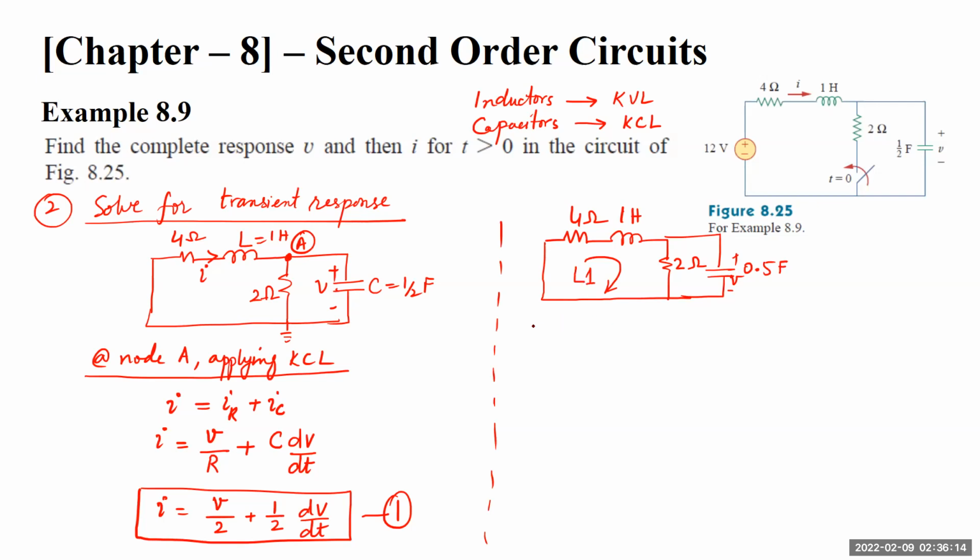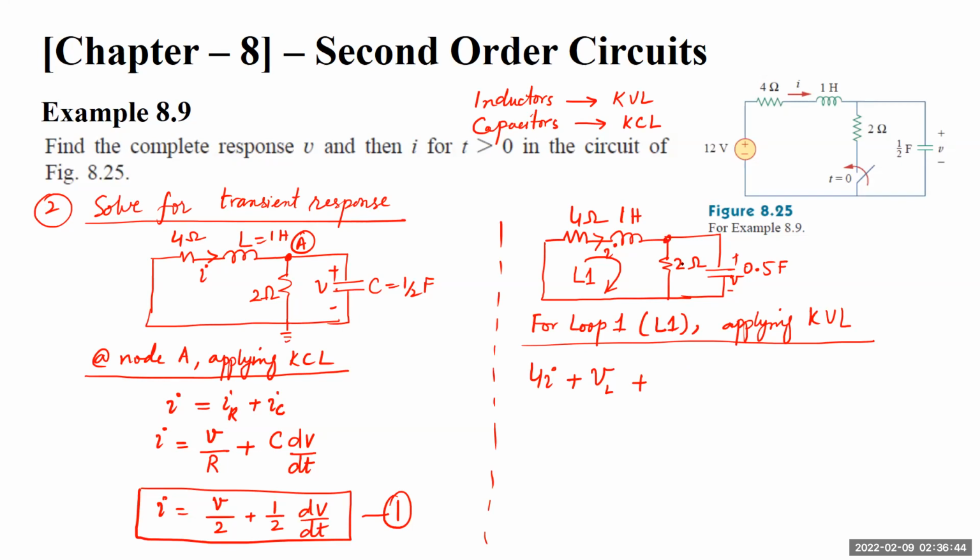So for loop 1, or L1, remember loops are KVL. Applying KVL, we get what? So this is the current I that is flowing. So 4I plus the voltage across the inductor, called VL, plus this node voltage.